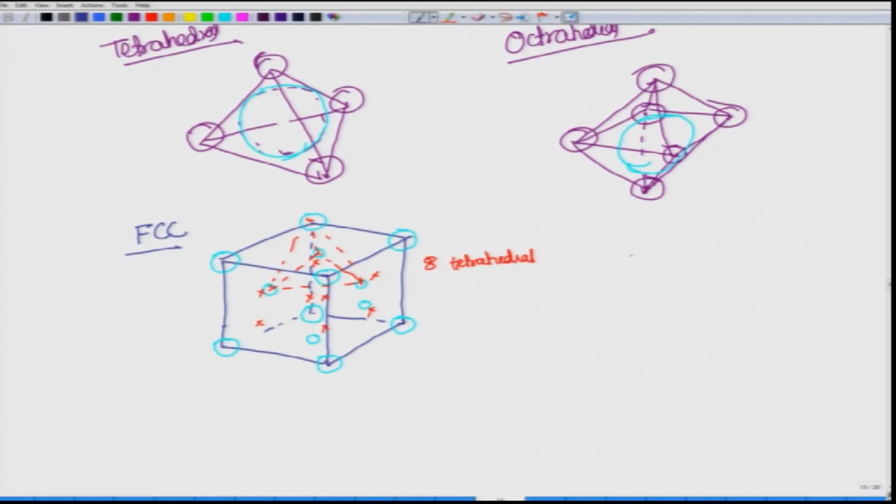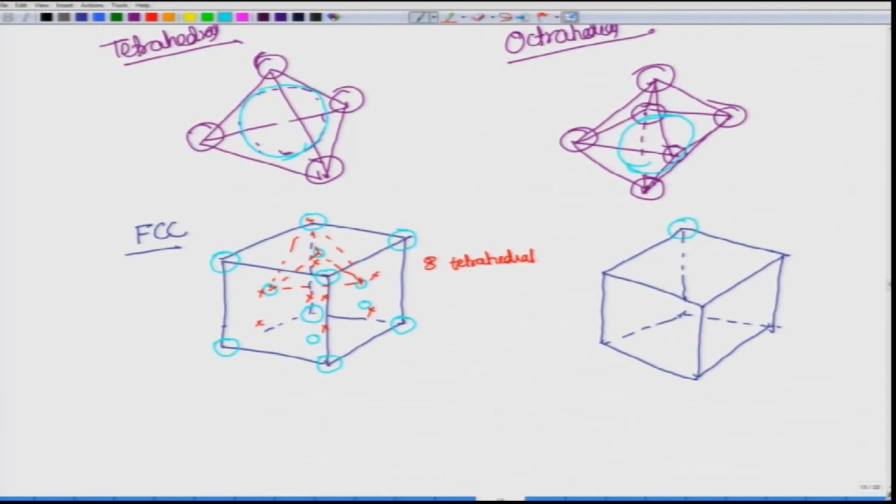So, I will have to draw this again. So, let me draw the corner atoms. And by now, you should be in a position to identify where the first octahedron is. So, where is the first octahedron?